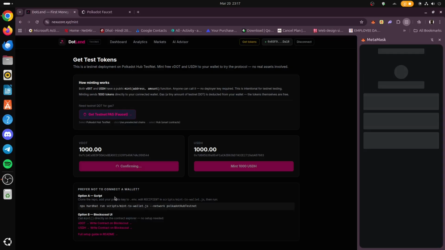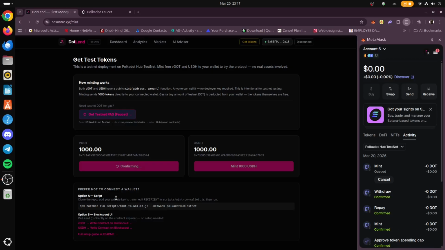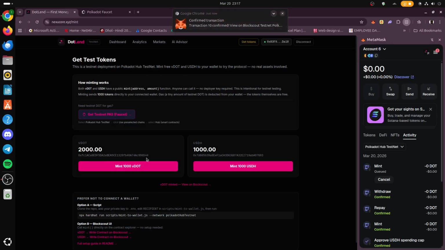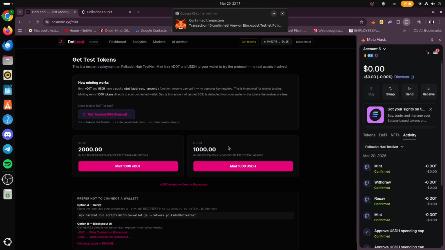So what happens is this DotLend is a complete system. So how it works is, let's get back to the dashboard. It will be easy to understand and for me to explain.